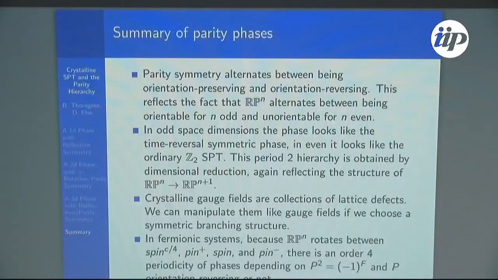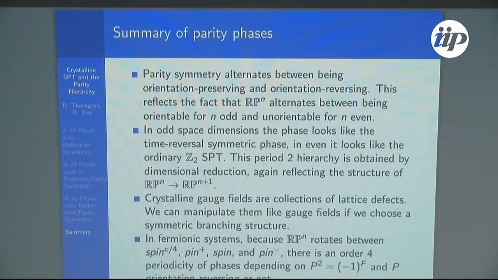This is like RPN alternating between orientable and unorientable. In odd space dimensions, you can identify the phase with a time reversal symmetric phase. In even space dimensions, you can identify it with an internal Z2 symmetric phase, but it's always parity symmetry. And this dimensional reduction reflects the way RPN is embedded in RPN plus 1.